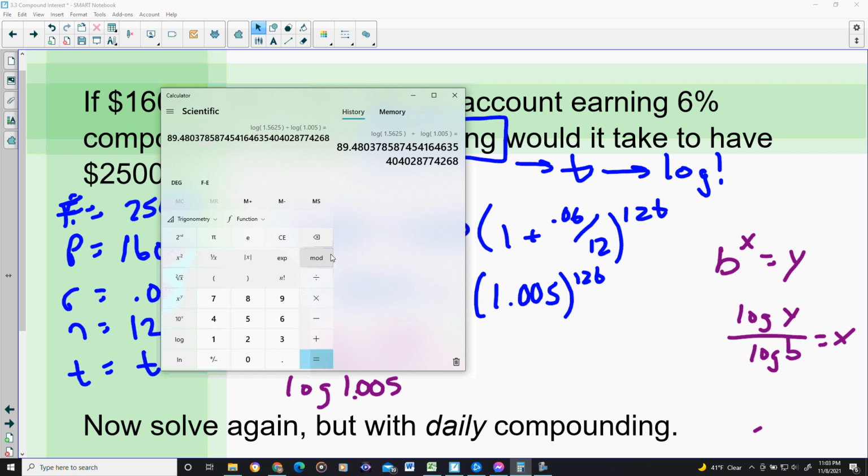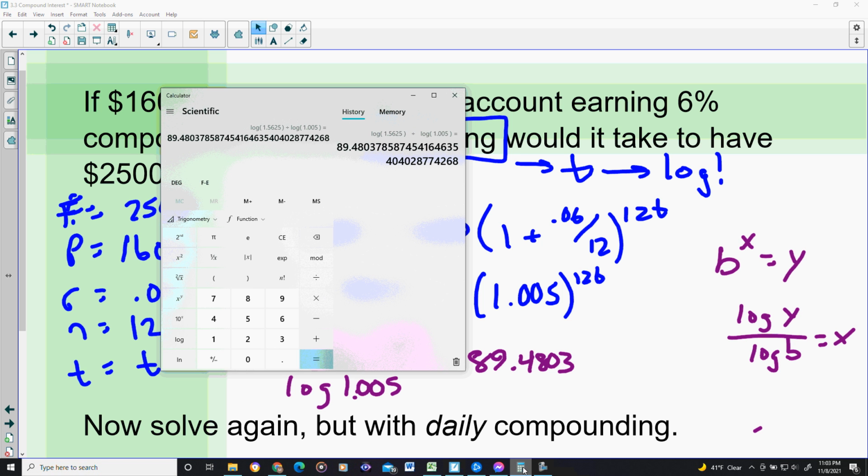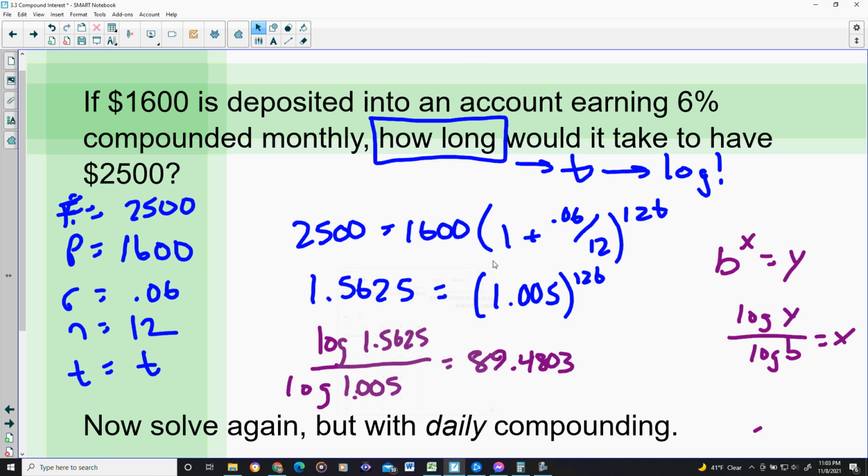So again, we'll do a bunch of decimal places here. 89.4803. And that's going to equal 12t, because now that is equal to the exponent.